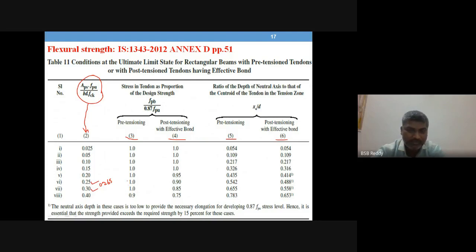Okay, so for no pretensioning, you don't have any problem, because it is not changing, it is only 1. So for all values between 0.25 and 0.3, it is 1 only, so take 1 for this, and XU by D, you shall interpolate between these two values. Okay, so 0.542 and 0.655, so it is somewhere in between these two values.